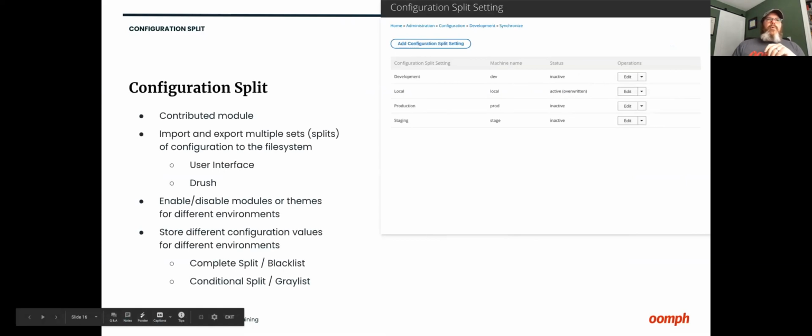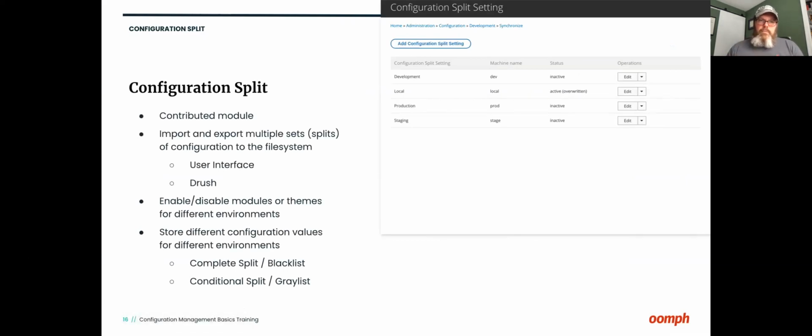So essentially, let's talk about what config split does first and foremost. It's a contrib module. It allows you to split certain configuration in two different ways, either completely splitting it or doing a partial split, a conditional split.